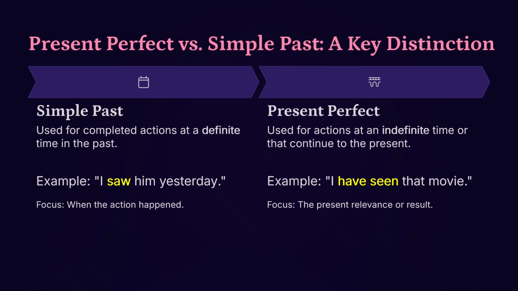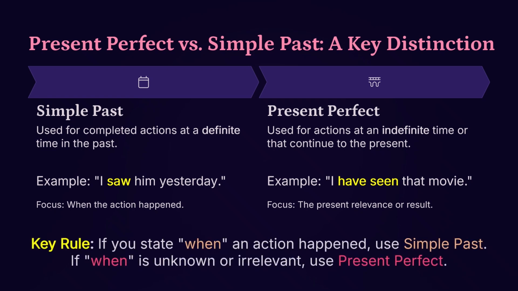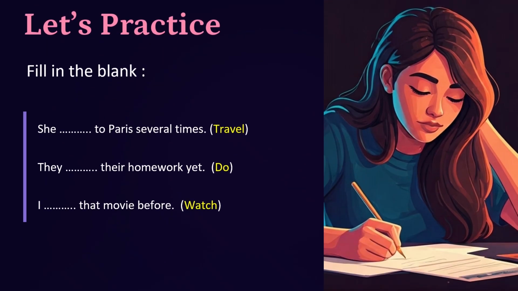For example, I have seen that movie. So look, I have seen that movie. That's all you need to know. It's not about the time. So let me tell you the key rule. If you state when an action happened, use simple past. But if when is unknown or irrelevant, use present perfect. Okay? Fine. Very good.